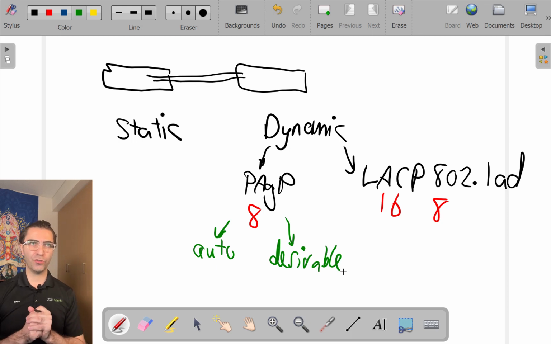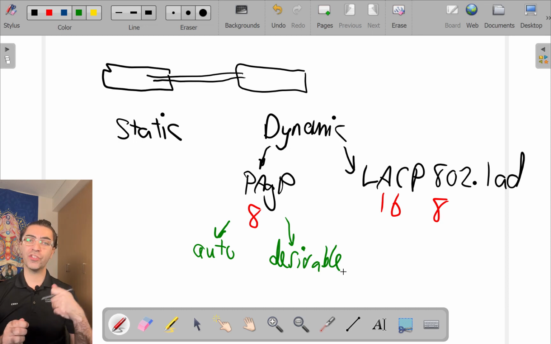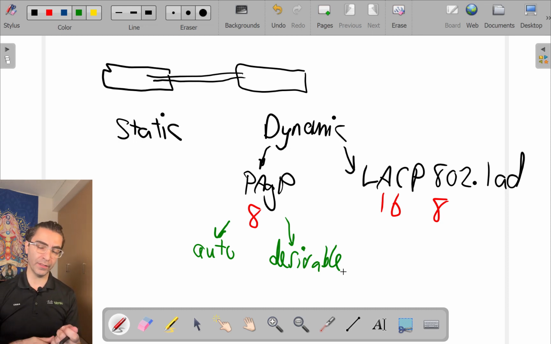Auto is in kind of listening mode. So the switch waits for proposals to have a port channel on those interfaces or not. But desirable starts the negotiation about port bundling.